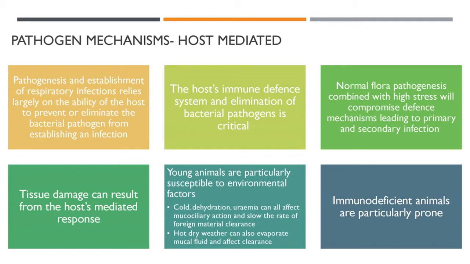Stress may impair the mucociliary system and impair the immune system, allowing opportunistic bacteria to invade the respiratory tract. The age of the host also plays a role in the development of respiratory illnesses, with younger animals being more prone to disease as they have lower levels of immunity and are more prone to being in crowded situations, increasing the risk of infection.